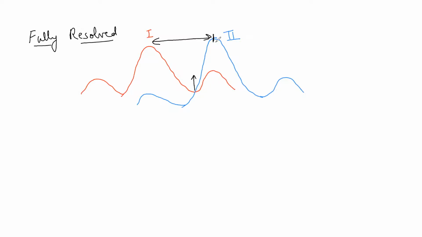That is, the maxima of the second object is far away. This is the distance of separation from the minima of the first image to the maxima of the second image. Because of this distance, this is called fully resolved, and the images can be easily viewed as distinct images.